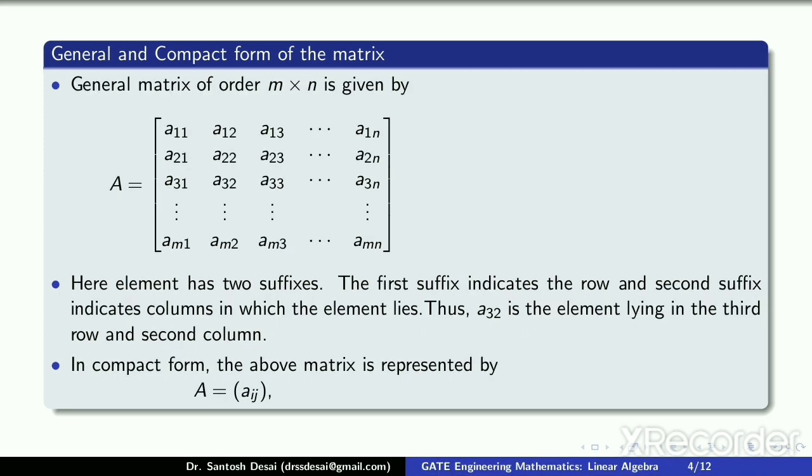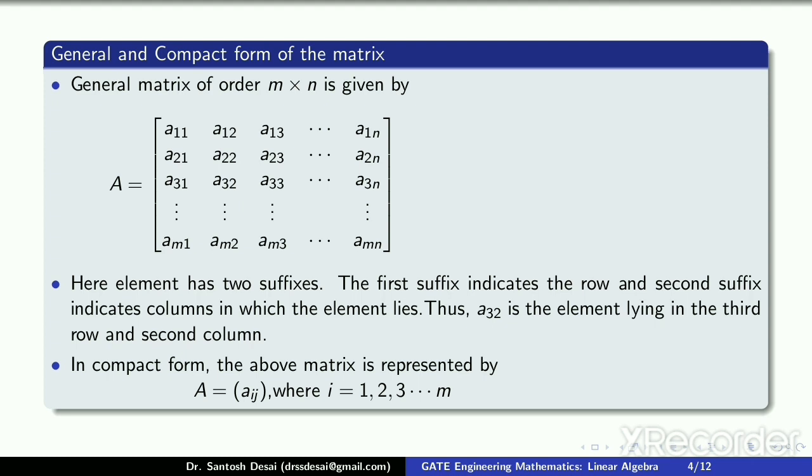Now to find the values of i and j, let us consider first all columns. In all columns, just we observe first suffix. The first suffix runs from 1 to m. So therefore, i takes the values 1, 2, 3 and so on up to m. Now to find the values of j, let us observe all the rows and second suffix of each element, and the second suffix runs from 1 to n.